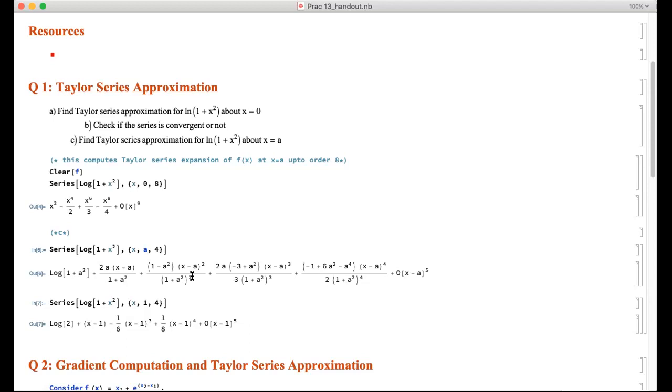You take the derivative and evaluate at x equals 0. This one should be quite mechanical. Just plug in the formula and expand and find the pattern, and that will be the Taylor series.